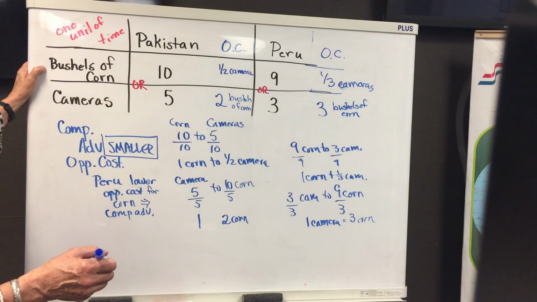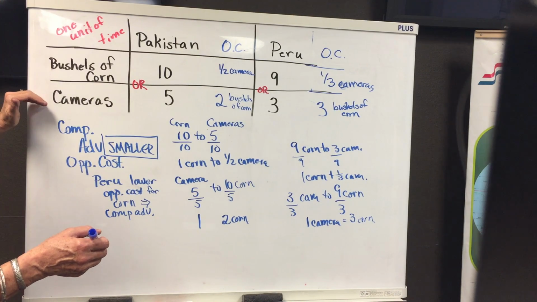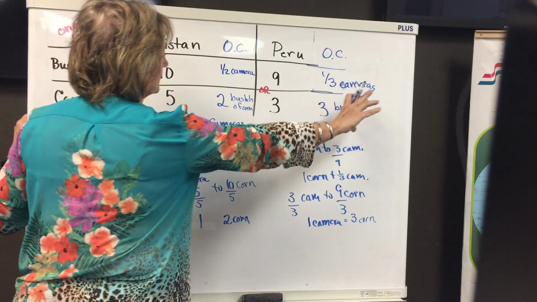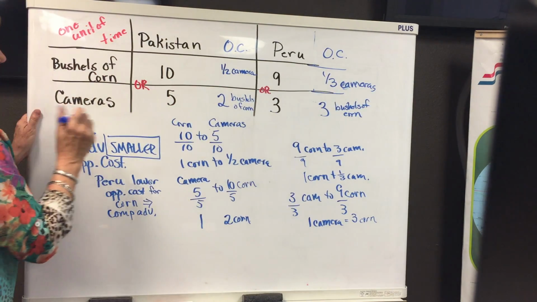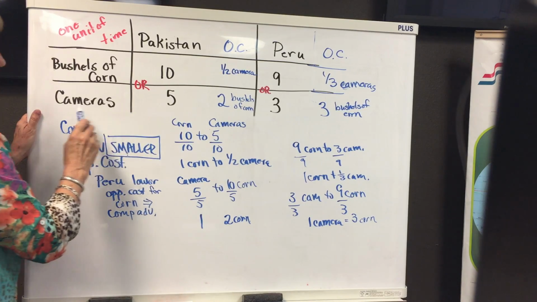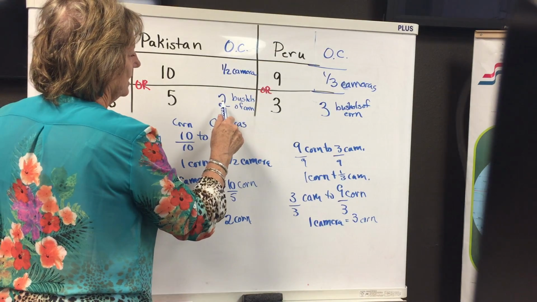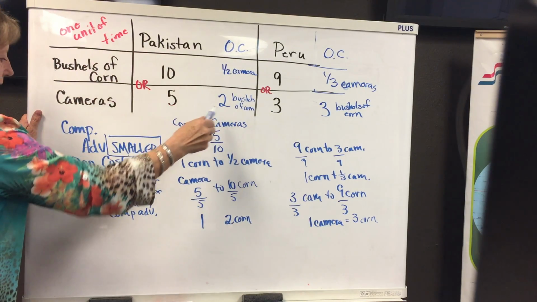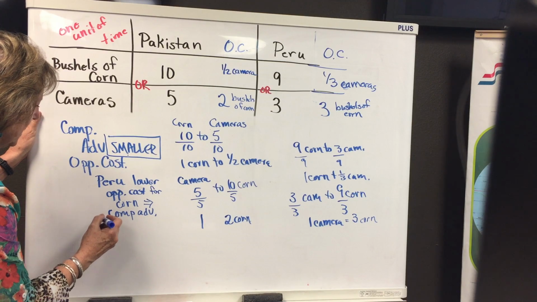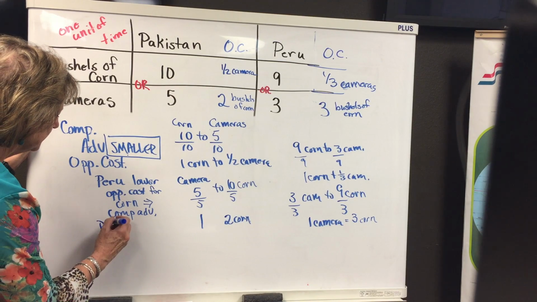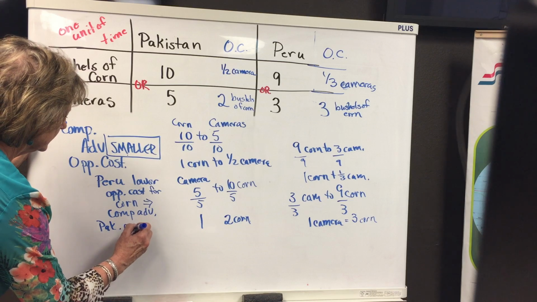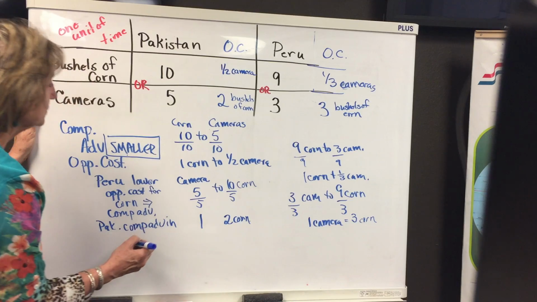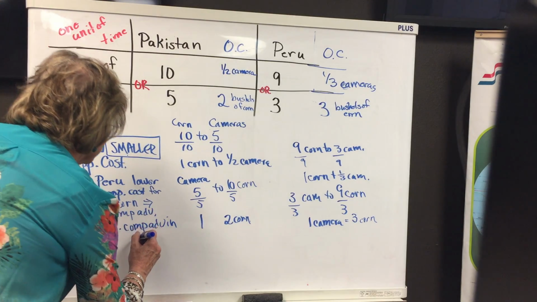And then if we want to look at who has the advantage in cameras, we read across this row and we look for the smaller number that we calculated, and our smaller number is 2 bushels of corn. So Pakistan has the comparative advantage in producing cameras.